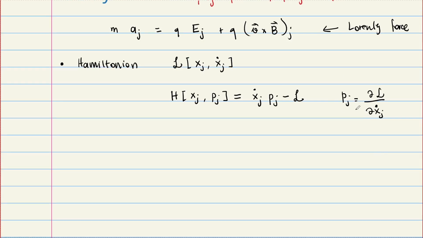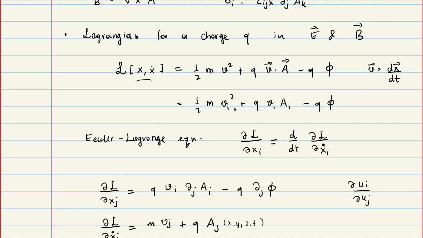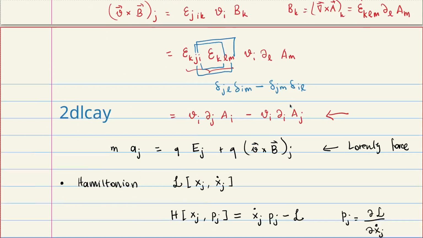So let's calculate this pj. Pj is equal to del Lagrangian del xj dot, and our Lagrangian is here. If you take the derivative with respect to xj dot, you are going to have m vj plus, there's another one, q times aj.